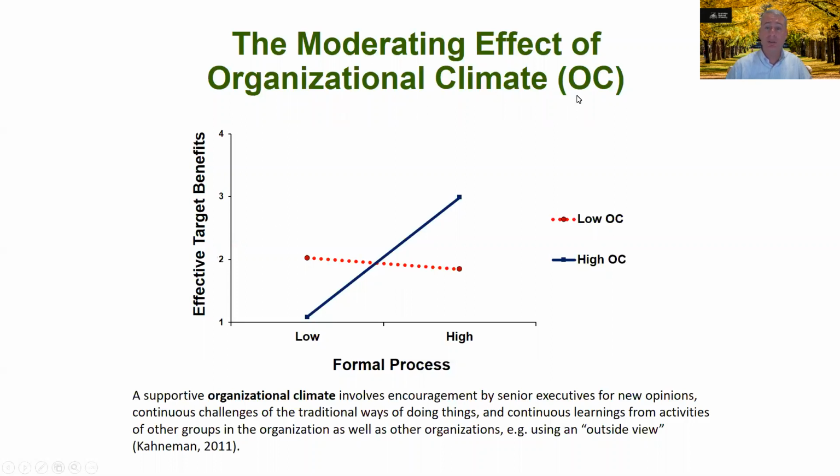But if the organizational climate is high, then the formal methodology, the templates, the procedures, together with an organization that supports from the top this type of behavior, the combination only then is relevant and impacts and enhances the value of the dependent variable.